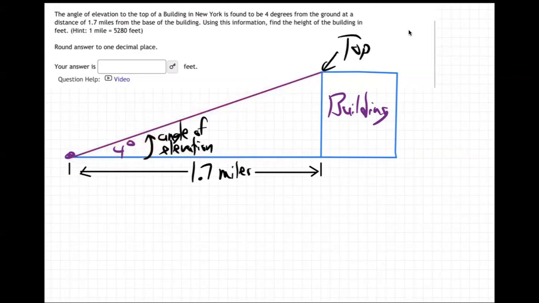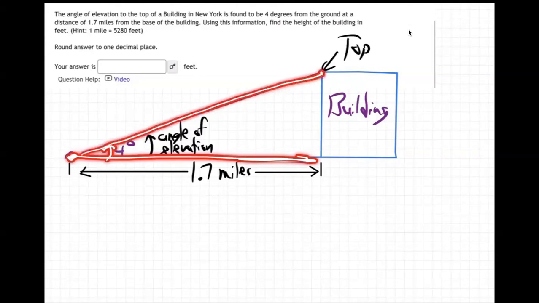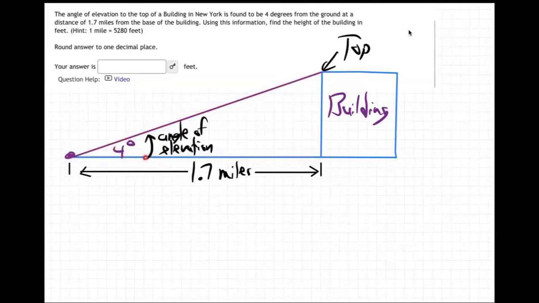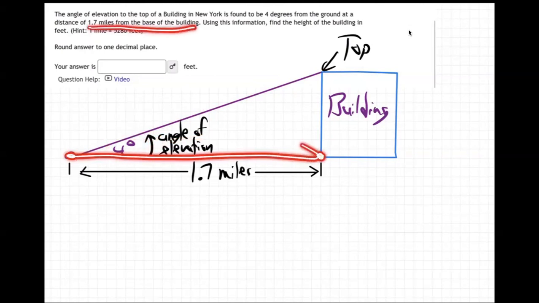That means if you're standing over here on the ground, flat ground, and you aim up, they have instruments that do that until you can just see the top of the building. That angle, how far up is that angle from flat? That's called angle of elevation, and it's 4 degrees. So if you know that's a 4-degree angle of elevation, and you're standing 1.7 miles from the base of the building, find the height of the building.